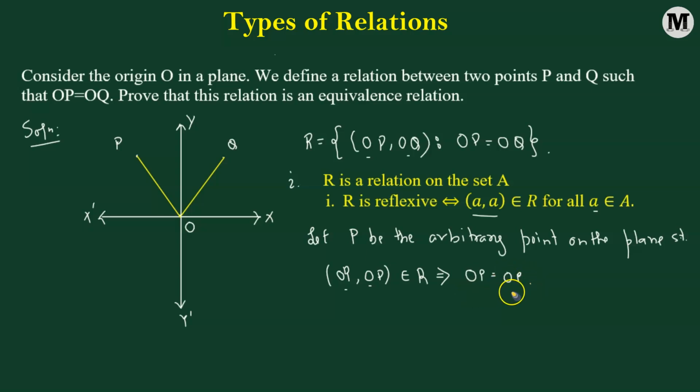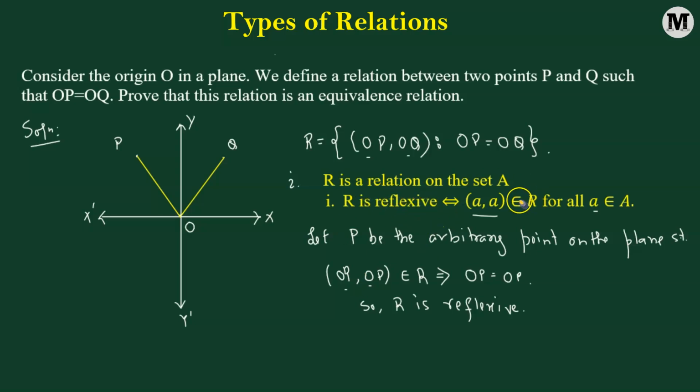Is this a true statement? Yes, that's definitely a true statement. The line OP is definitely equal to itself. This simply tells us that our relation R is reflexive in nature. Okay, so we have proved the first part. That means our relation R is reflexive.